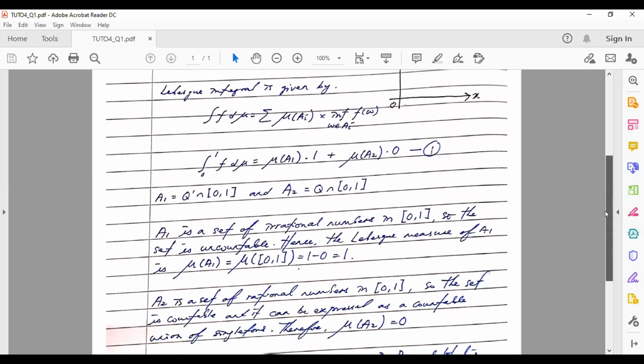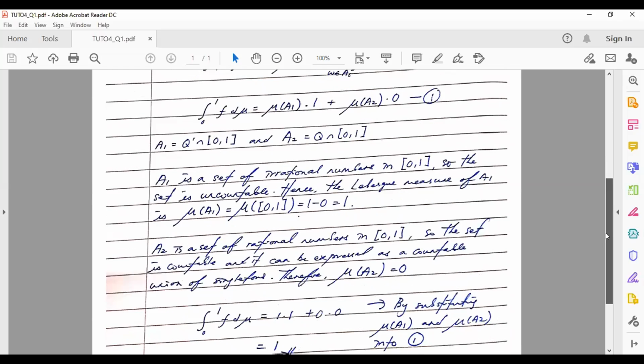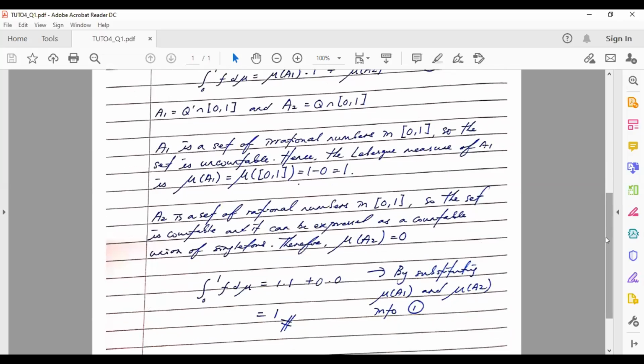So let A1 equal the set of irrational numbers and A2 equal the set of rational numbers. A1 is the set of irrational numbers in the interval 0 to 1. So the set is uncountable, hence the Lebesgue measure of A1 is equal to the Lebesgue measure of the interval 0 to 1, which is 1.